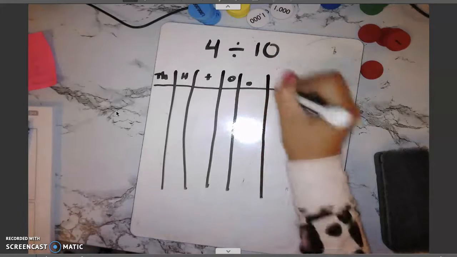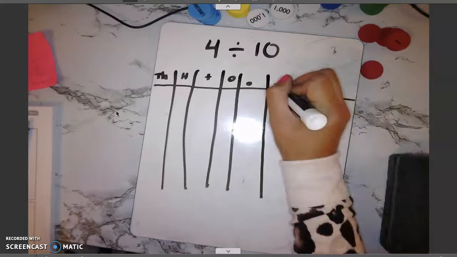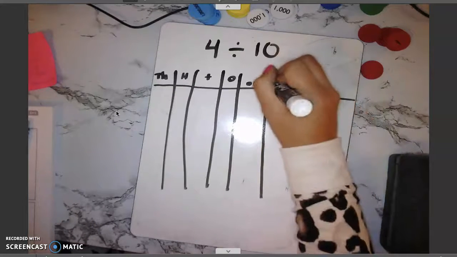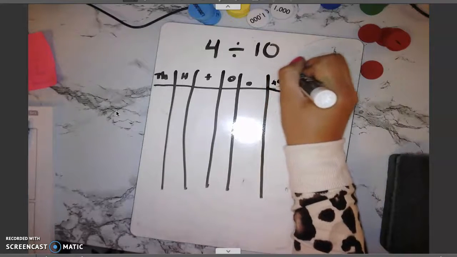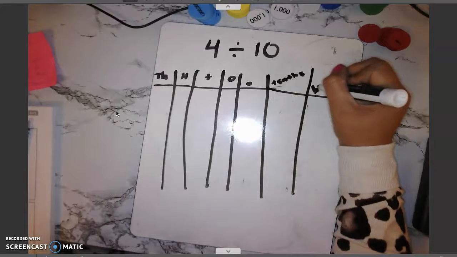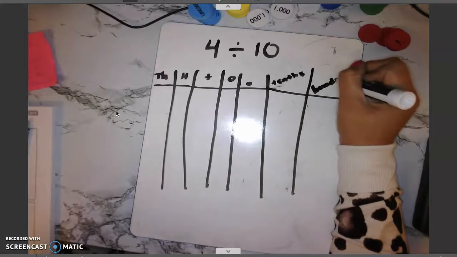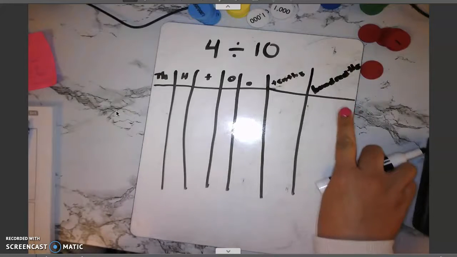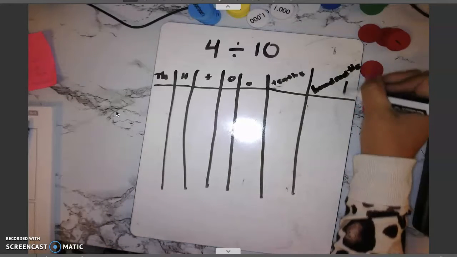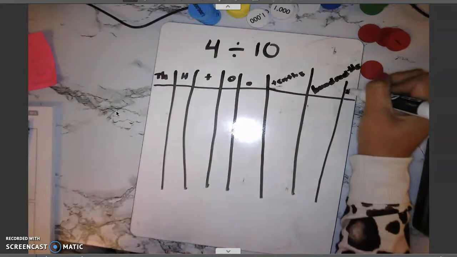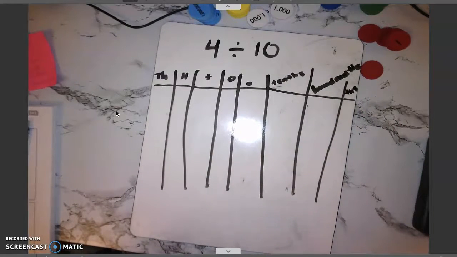On the other side of my decimal point, I have tenths. I'm going to write very tiny the word tenths. Hundredths. And we would continue on to thousandths. Unfortunately, I do not have enough room to write thousandths. I'm going to put a little THS for thousandths.